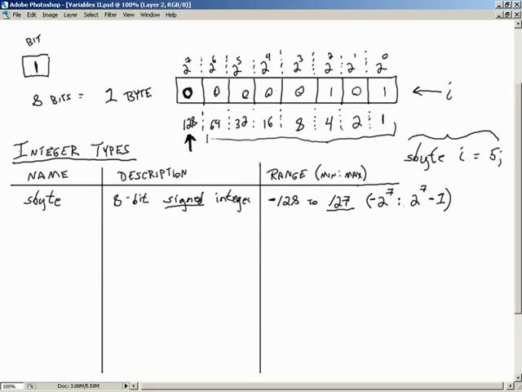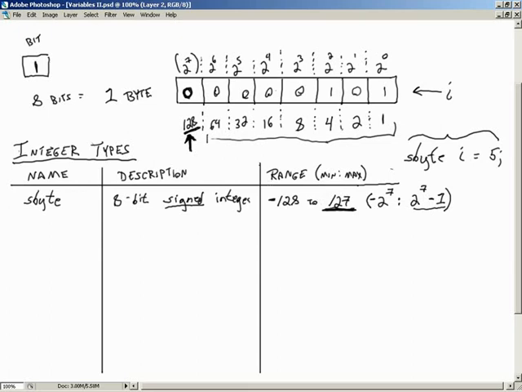Now, take 2 to the power of 7. Well, we already figured it out for you. There's 2 to the power of 7, and we showed you that's 128, and subtract 1 from it. What value do you get? 128 minus 1 is 127. There you go. So that's where that number actually comes from.